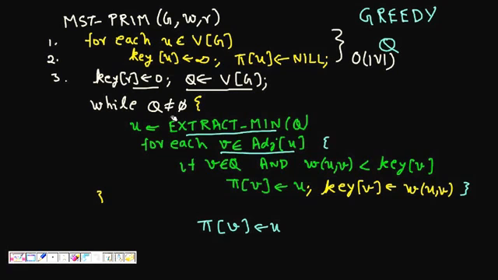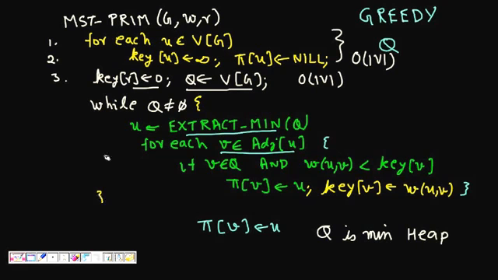Then Q of V of G is Q, we put all the vertices of the graph in the min heap. So this Q is a min heap, and the data structure to construct the min heap will take O of V time.